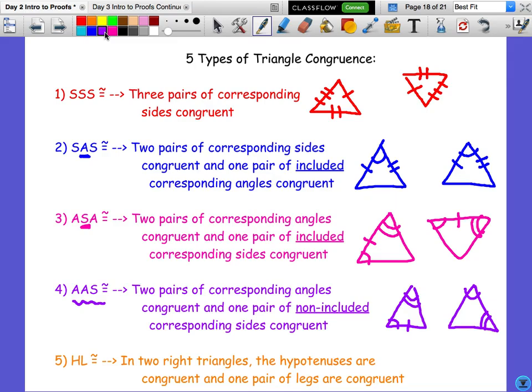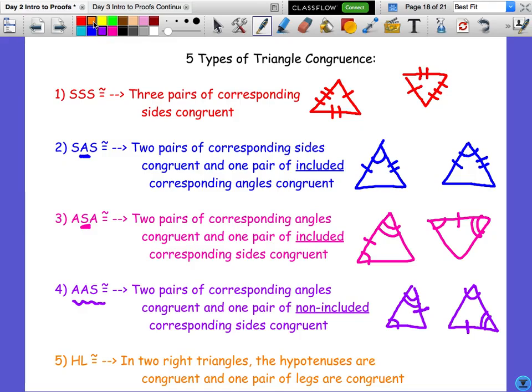So in the other picture, I'm going to pick the single and the empty for my marking. So it could have gone right there, or I could have put my markings between the double and the empty angle, and the double and the empty angle. Either way, we have two angles and a separate side.